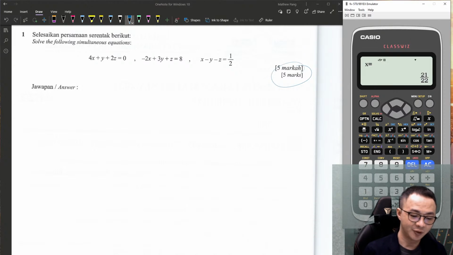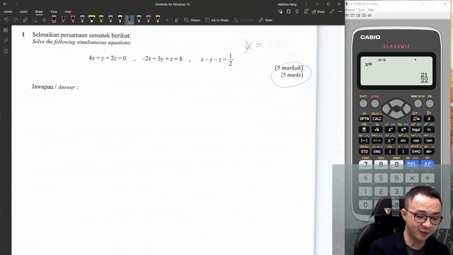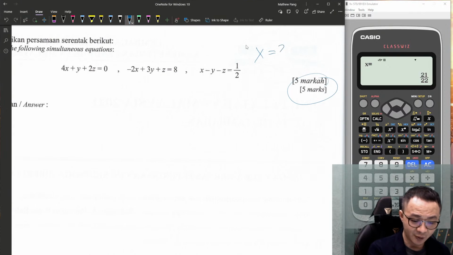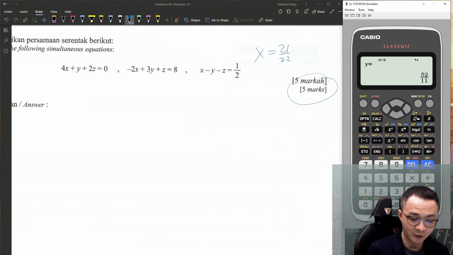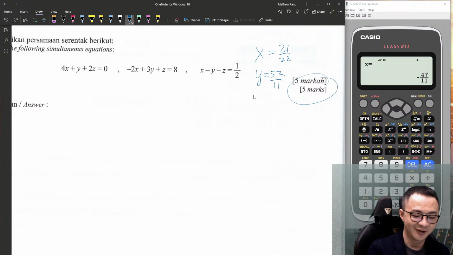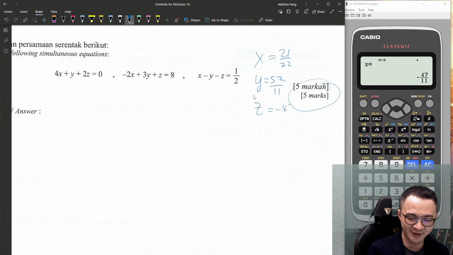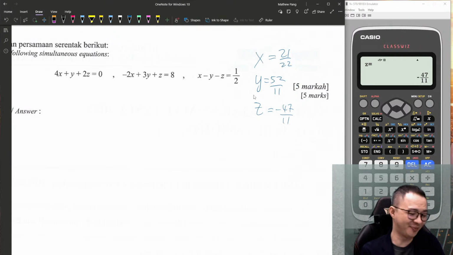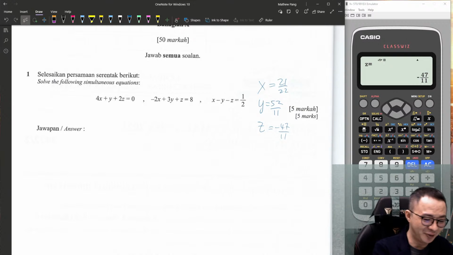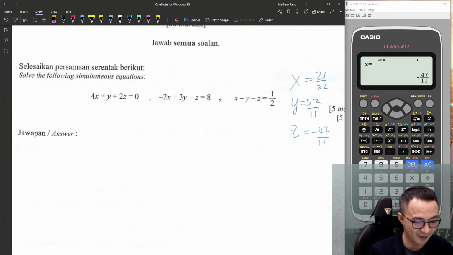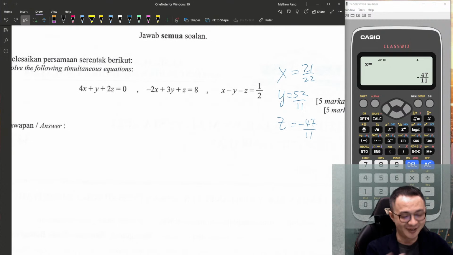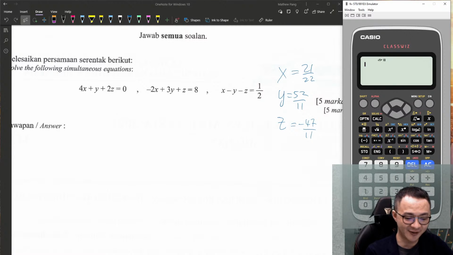So I quickly write down the possible answer first: x is 21/22, y is 52/11, z is... okay, this is not cool, because normally in SPM they won't give such a weird fraction. But like I say, they want to make this paper look challenging, so kind of no choice, they make the fraction look like this. Now at least we know the answer, then we start to do.